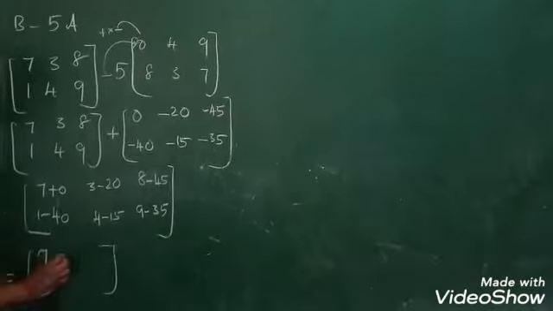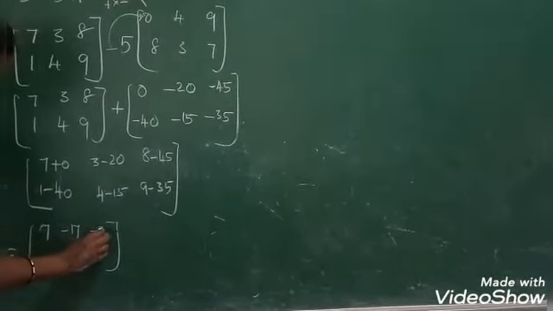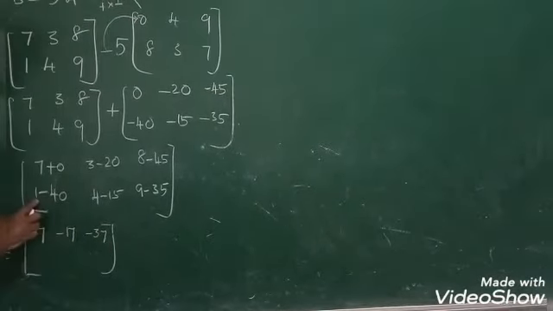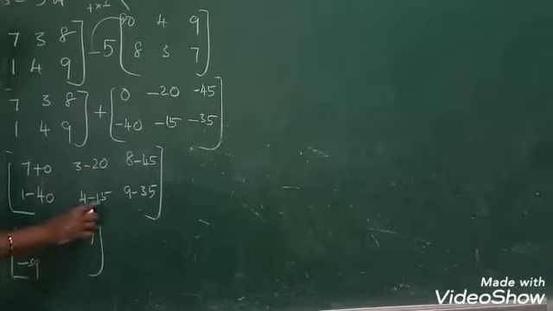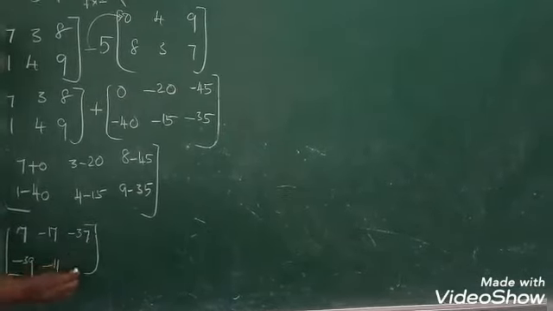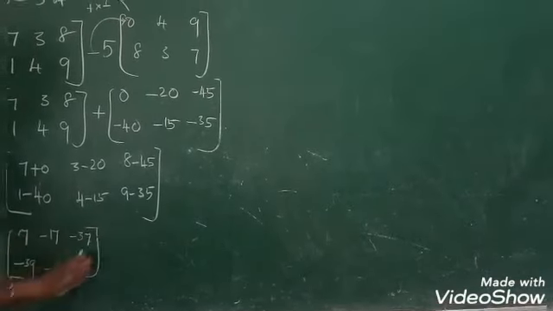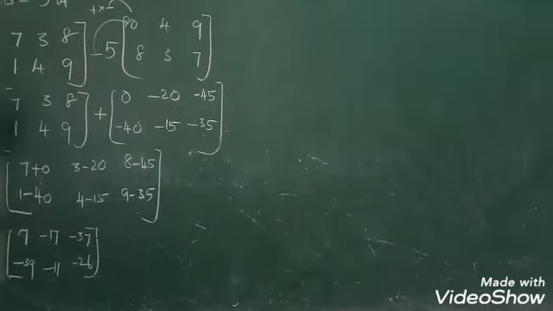Then 3 minus 20, minus 17. 8 minus 45, yes, minus 37. Then next 1 minus 40, minus 39. Next 4 minus 15, minus 11. Then 9 minus 35, what is the answer? Minus 26. Okay girls, this is the answer for B minus 5A.